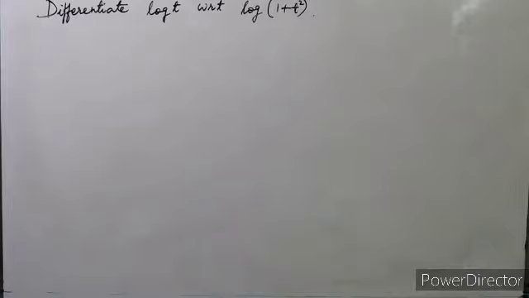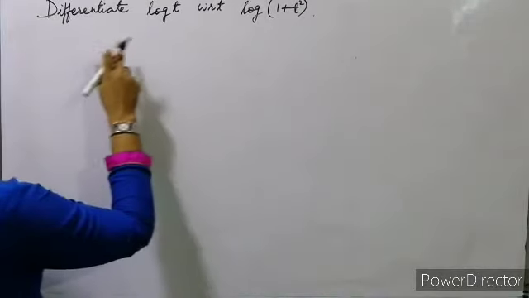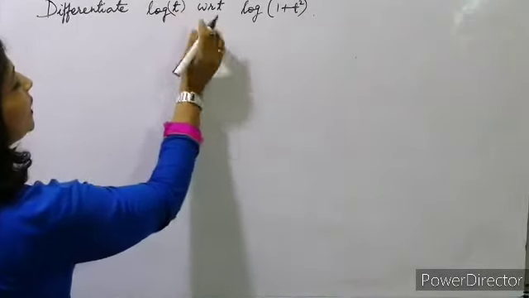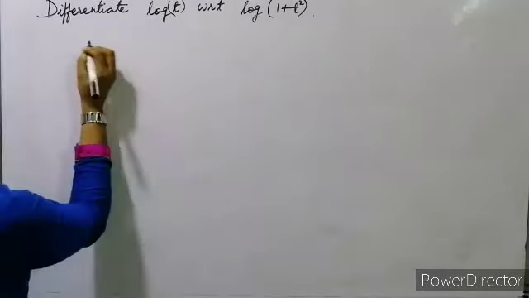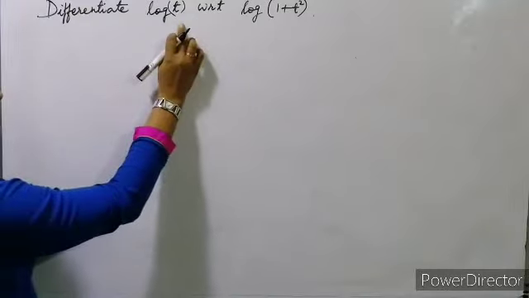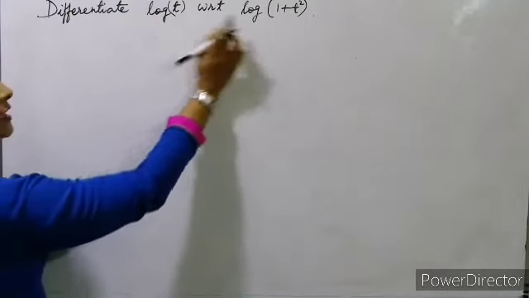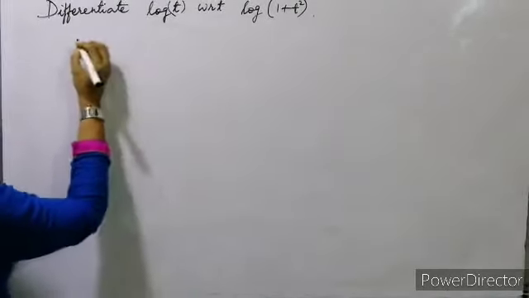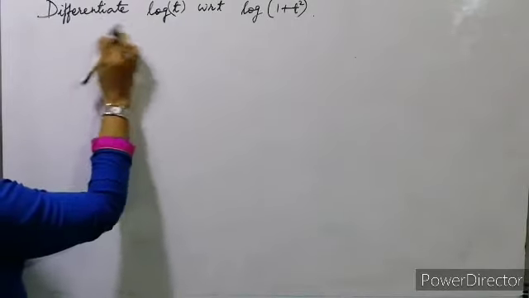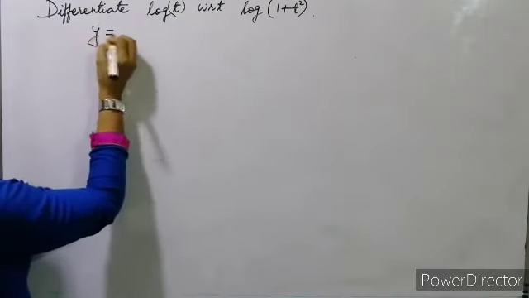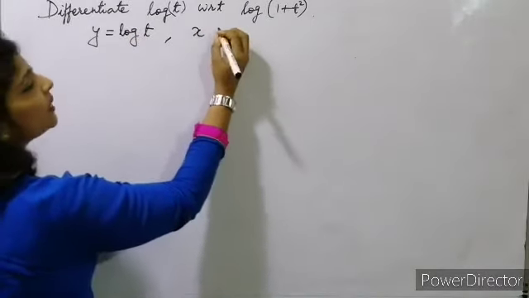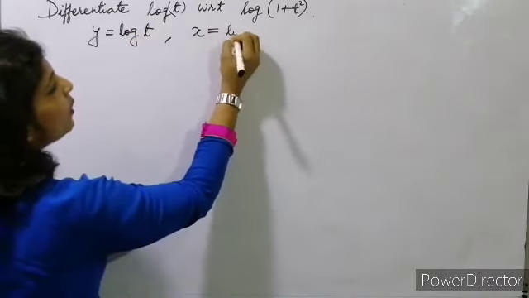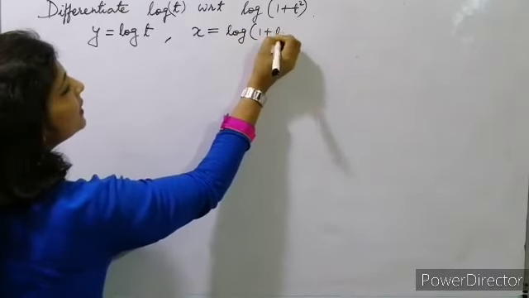So we have a question: differentiate log of t with respect to log of 1 plus t square. In this case, this is also a function of t, a differentiable function of t. So let y be equal to log of t, and x, with respect to this one, will be equal to log of 1 plus t square.